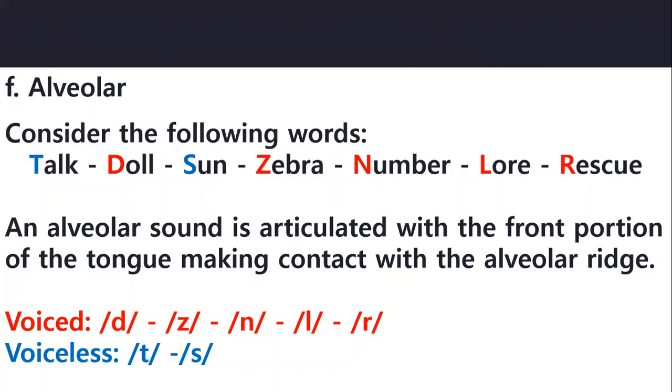When you say talk, your tongue goes upward toward the alveolar ridge, even in doll and sun. So we have voiced d, z, n, l, r, and voiceless t and s.